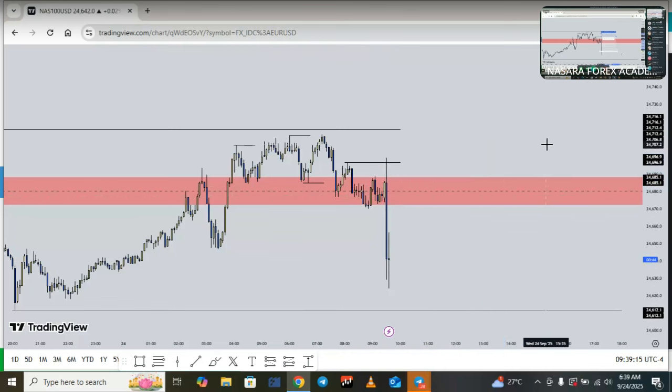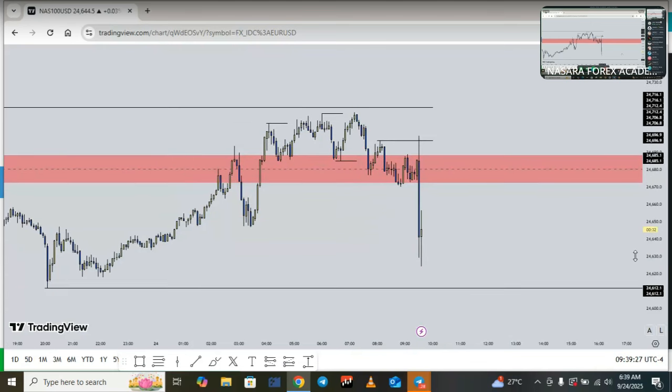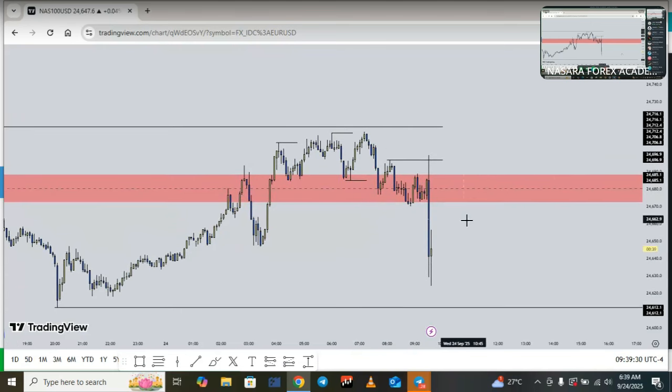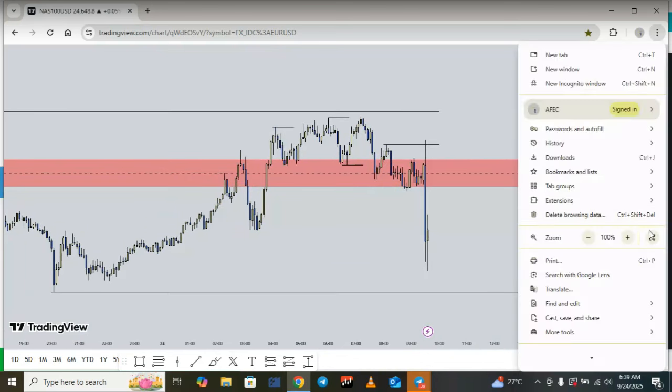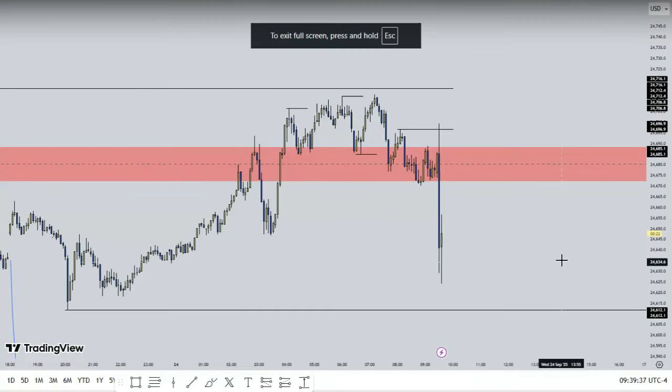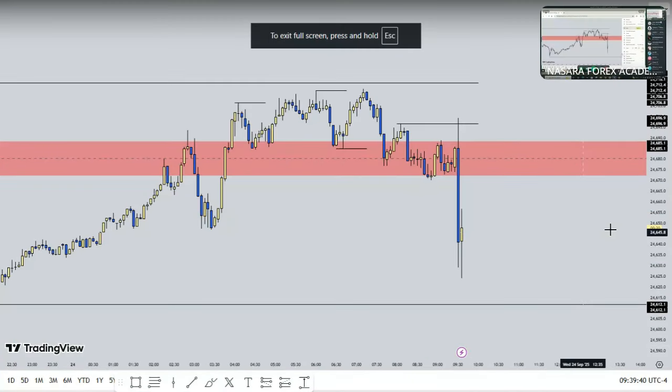But in a situation like this, where I didn't take a trade to catch the expansion at 9:30, then I usually mark my structures and go into a lower time frame, into the 1-minute time frame. Which is exactly our situation and what we are going to do right now.